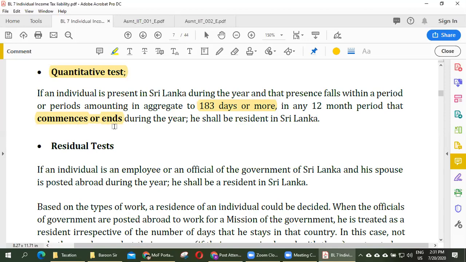Commence, start or ends. The 12-month period may start on that date or end on that date.